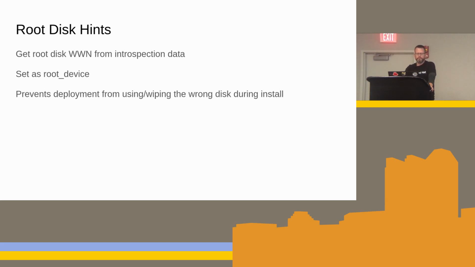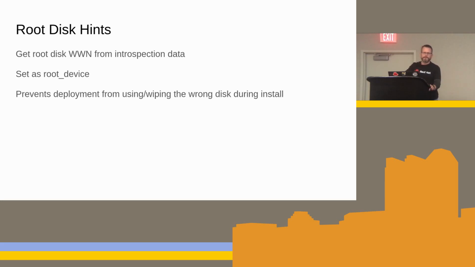This doesn't necessarily apply to the demo that we're doing, but a good practice is to use the root disk WWN and set a root device hint. This way you'll prevent the automatic provisioning from blowing away your data.